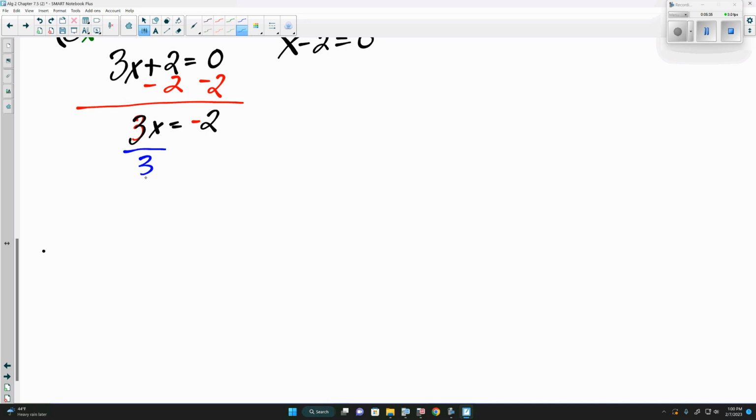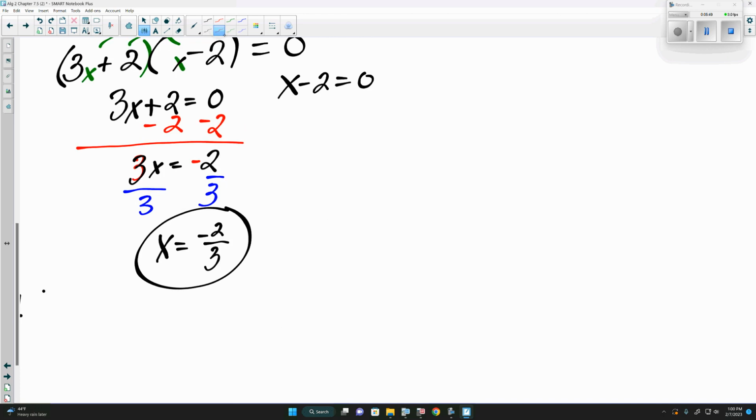We can divide both sides by 3, telling us x is negative 2/3. For our other one, we can add 2 to both sides, telling us x is equal to 2.